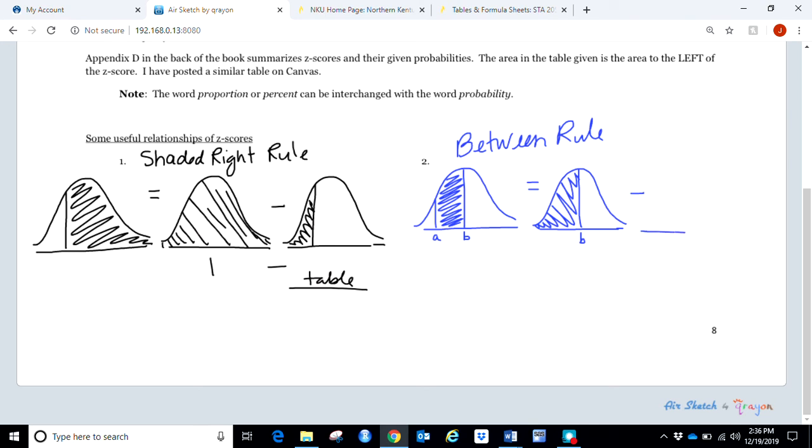I can subtract them off. So I'm actually going to subtract off everything that's smaller than that value of A. So really, we're going to go to the table first for both values, then subtract.